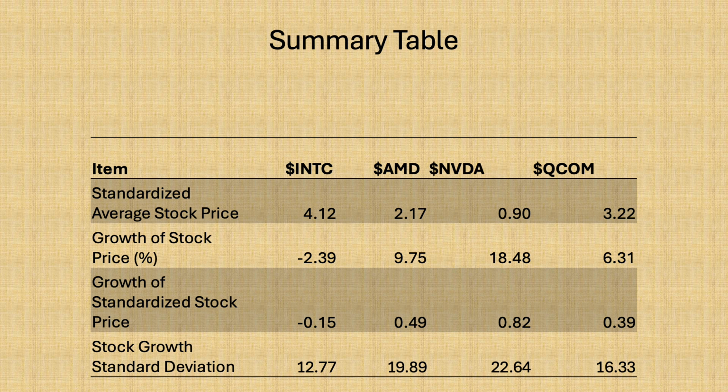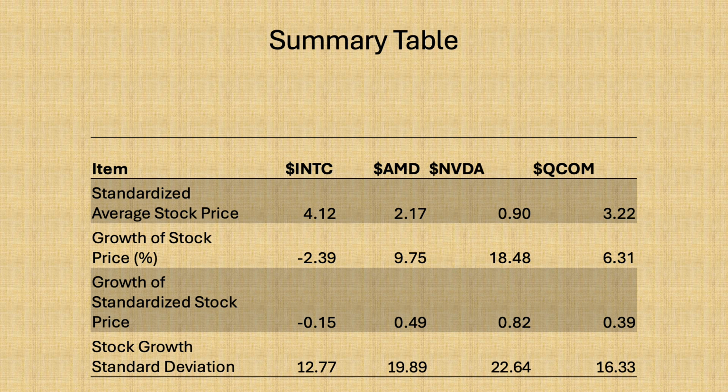And now let us see a summary table. This summary table presents the average of the stock growth, the growth of the standardized stock, and the standard deviation for each stock. Let us see what inference we can make based on the graph. Let's see the second row.